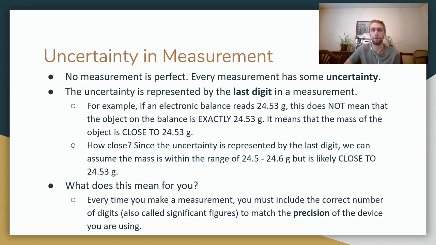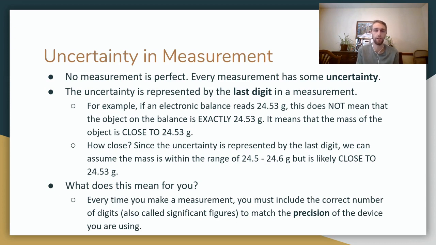So let's talk a little bit more about uncertainty. That's what I was hinting at earlier. Basically, no measurement is perfect. Every measurement has some uncertainty, or every measurement is an approximation. Here's where some of that significant figure stuff creeps in. In scientific measurements, uncertainty is represented by the last digit in a measurement.